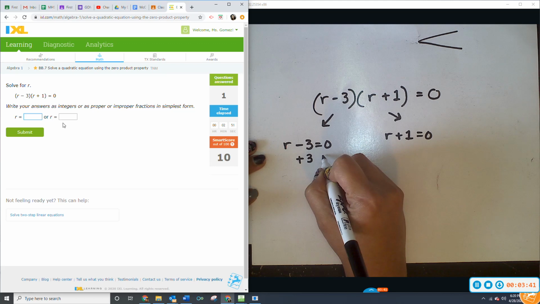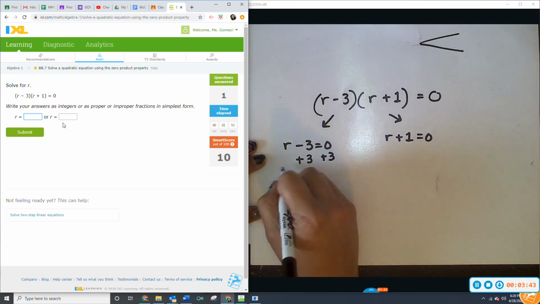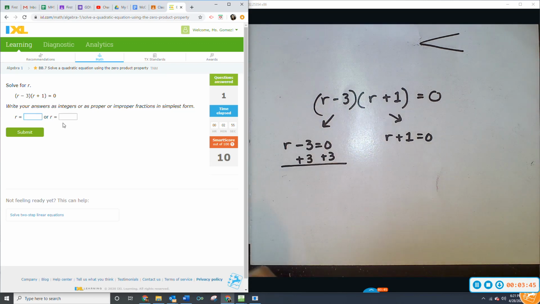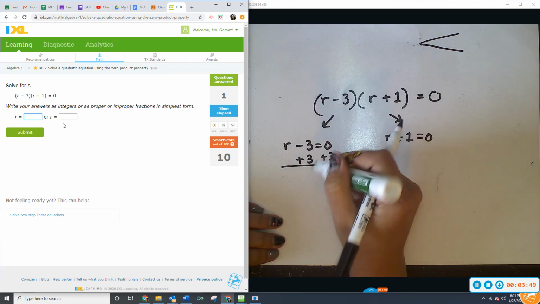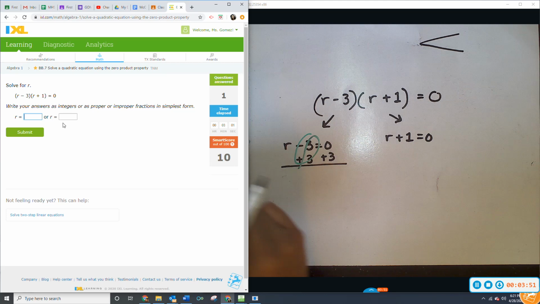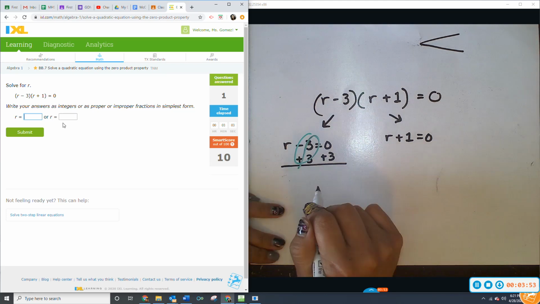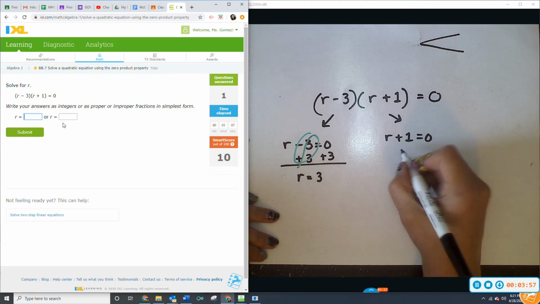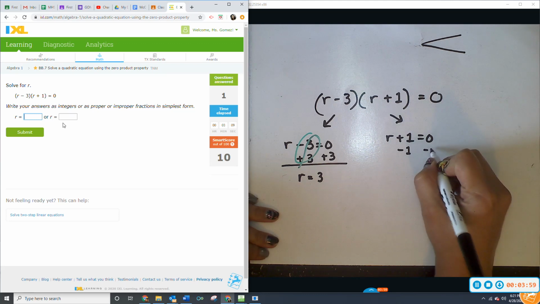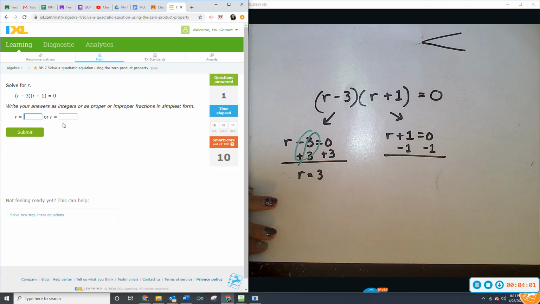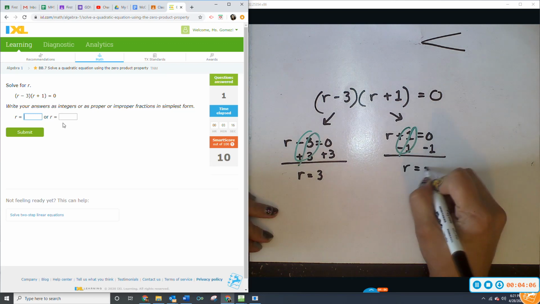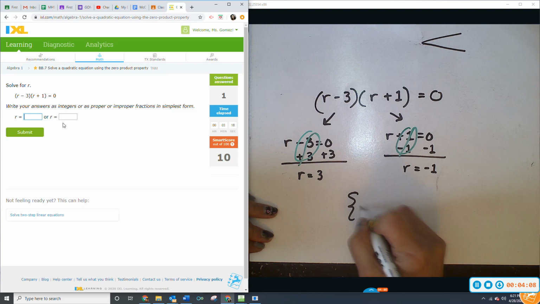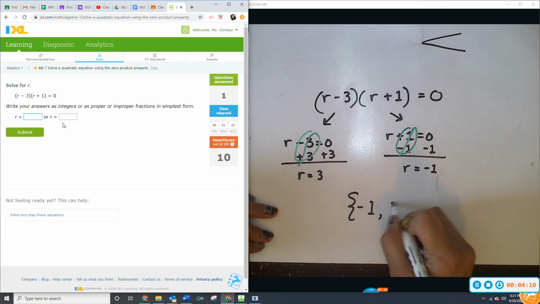I use the inverse operation, so r is equal to positive 3. And here I'm going to use the inverse operation again. And this time, r is equal to negative 1. My solution set, negative 1 is least, positive 3 is greatest.